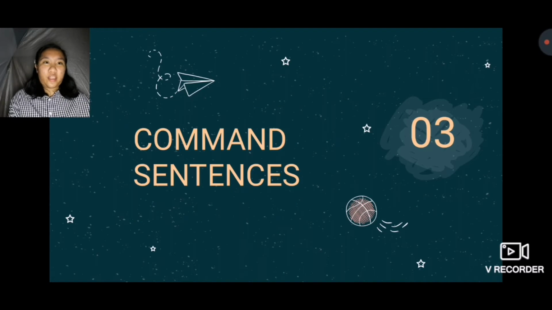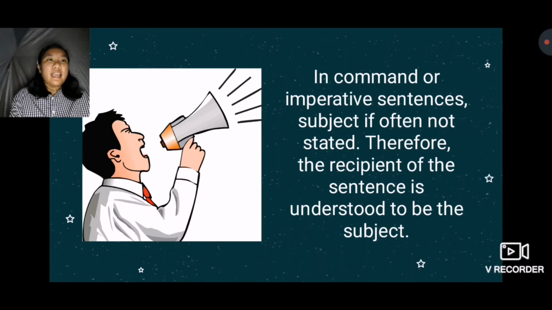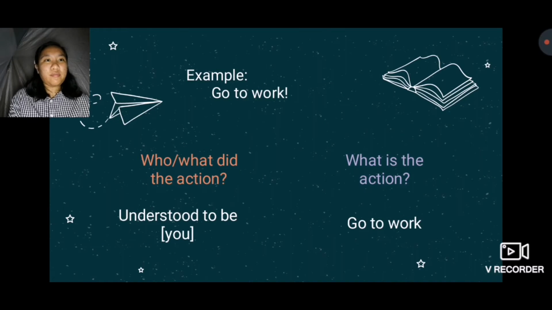Let's go first with the command sentences. In command or imperative sentences, the subject is often not stated. Therefore, the recipient of the sentence is understood to be the subject. So for example, go to work.